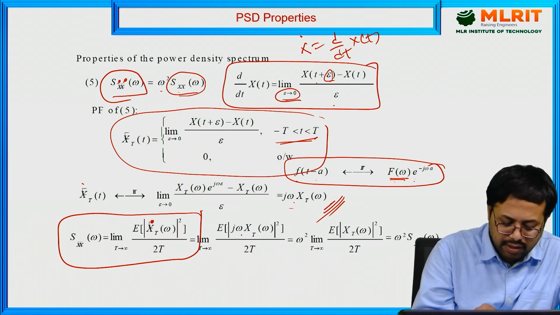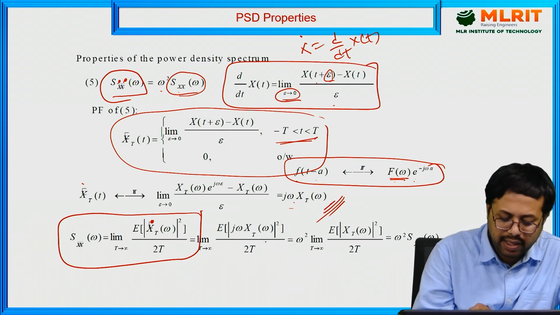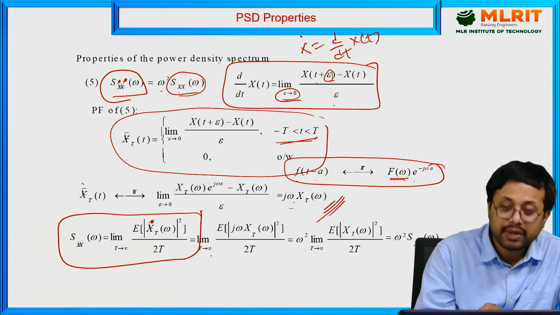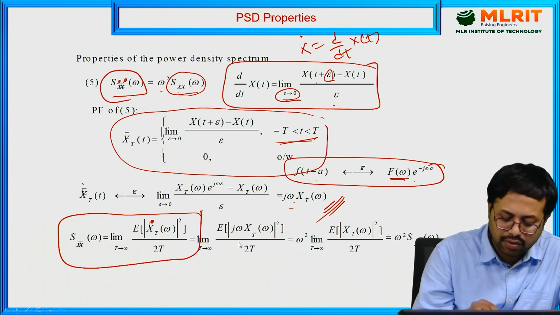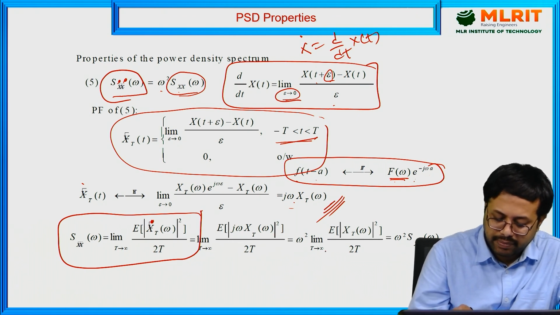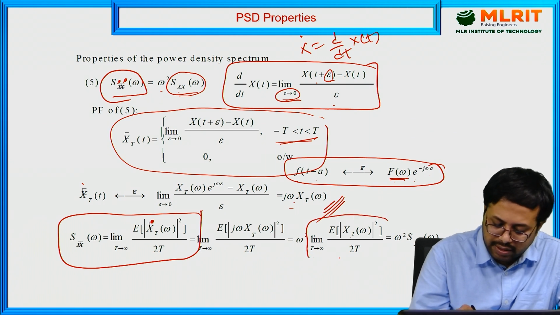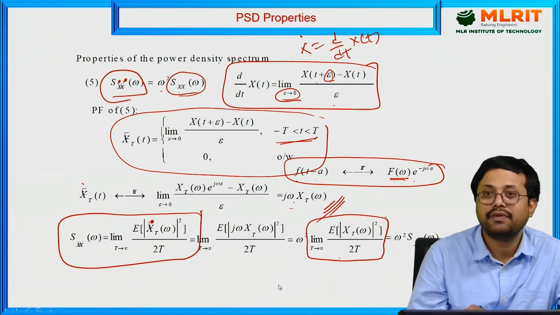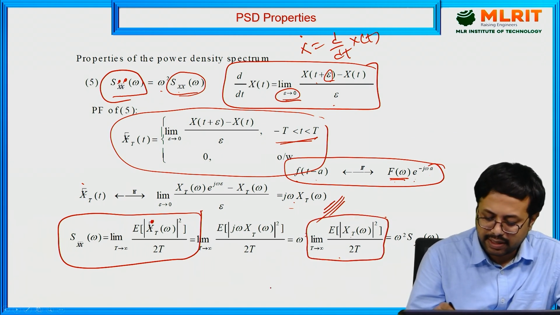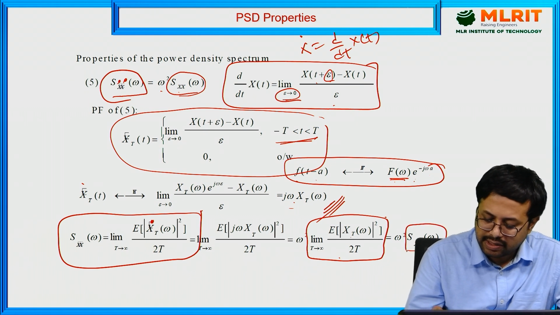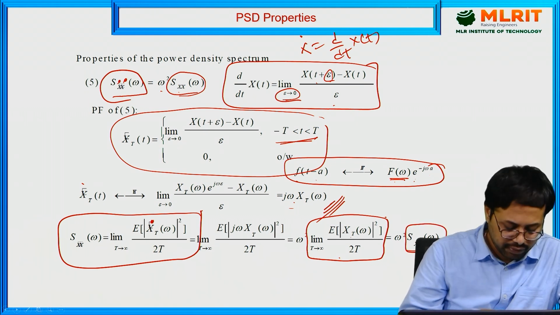When you apply the absolute value, the j term is neglected, and omega taken outside gives omega square times the limit as T tends to infinity of the expectation of X_T of omega whole square by 2T. This portion is the definition of power spectral density, Sxx of omega. This is the fifth property.